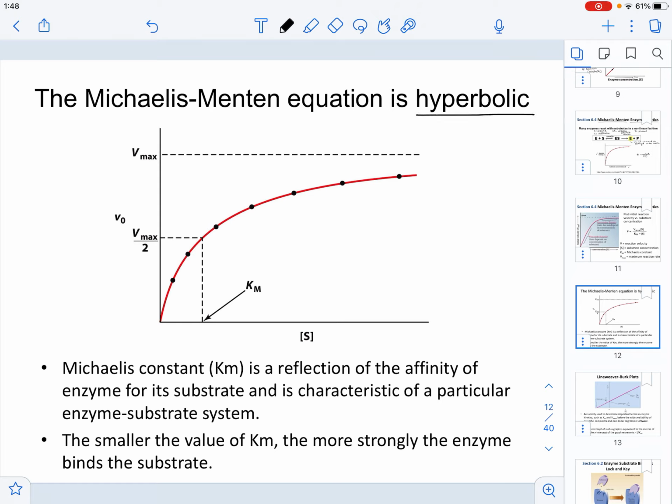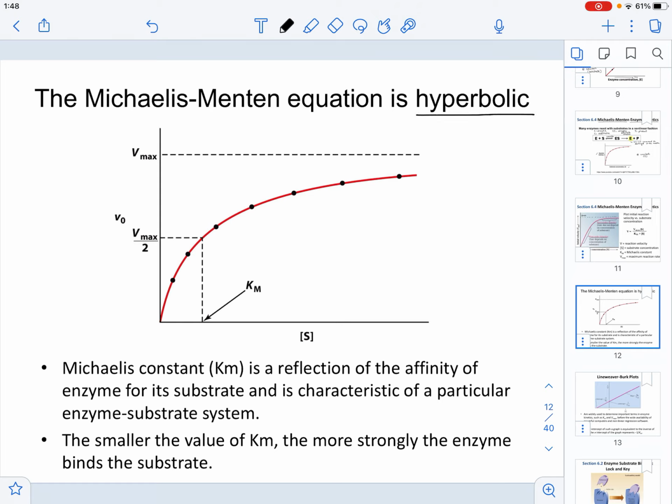In this course, we are not going to be analyzing Lineweaver-Burk plots, but I just wanted to introduce that these plots do exist to look at the Km and Vmax values for a particular enzyme catalyzed reaction.